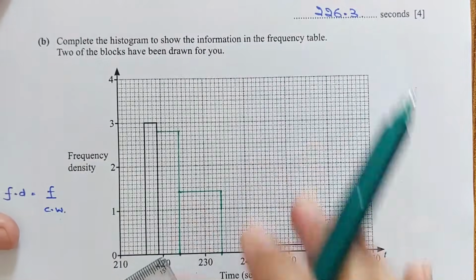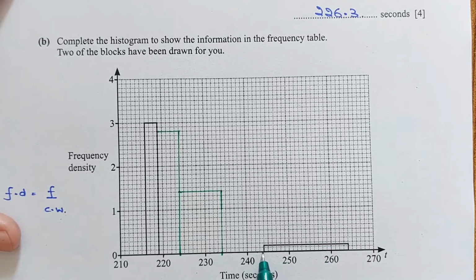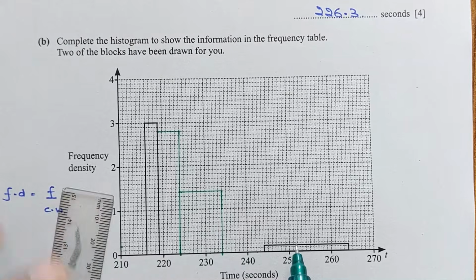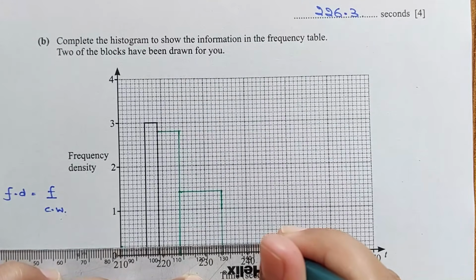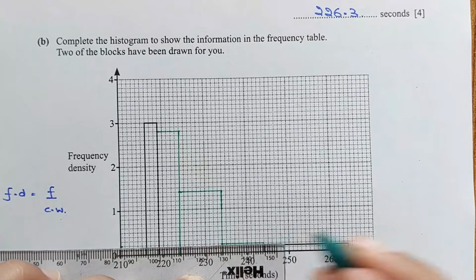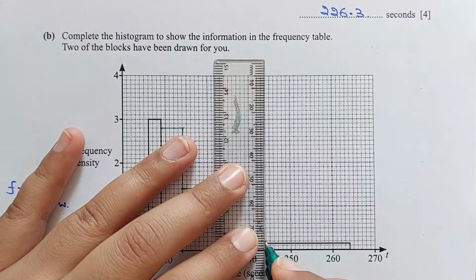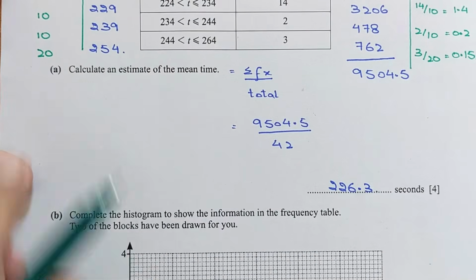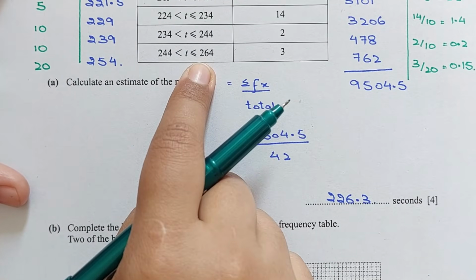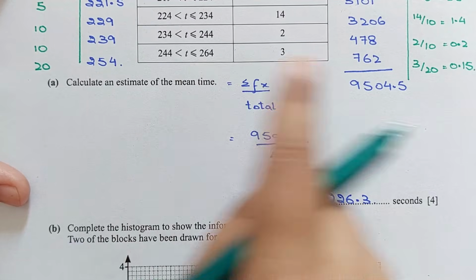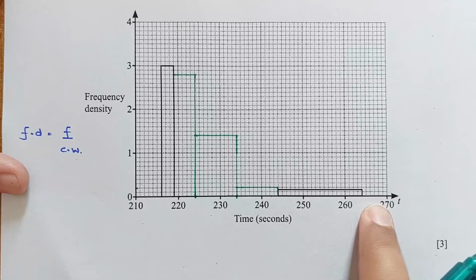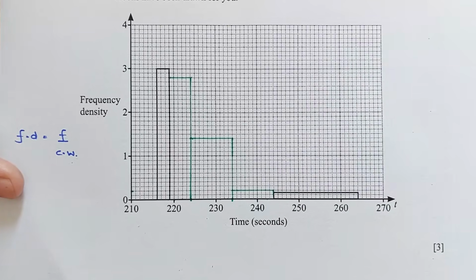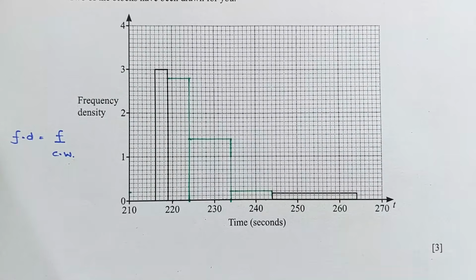It is 0.2, 0.1 and 0.2 over here. And the last one is 244 to 264, which is 0.15, already done. So that is the histogram.